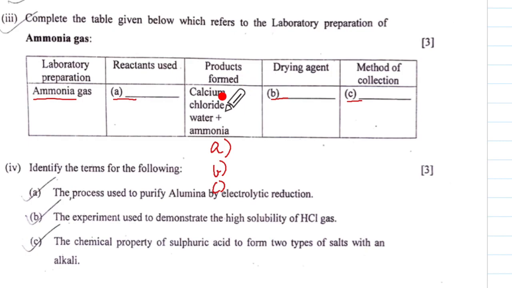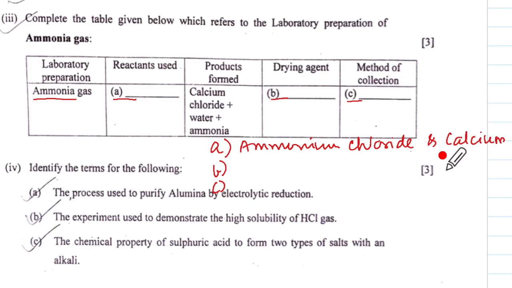Let us see what are the products: calcium chloride and water and ammonia. So calcium chloride means it must be calcium hydroxide and ammonium chloride. So it will be ammonium chloride and calcium hydroxide. Correct? B is drying agent.